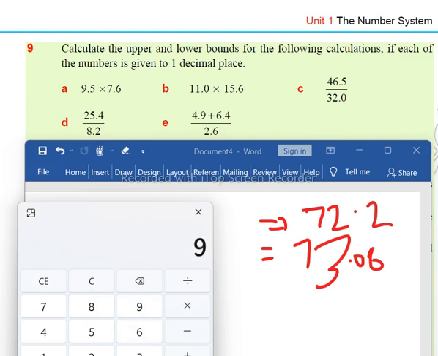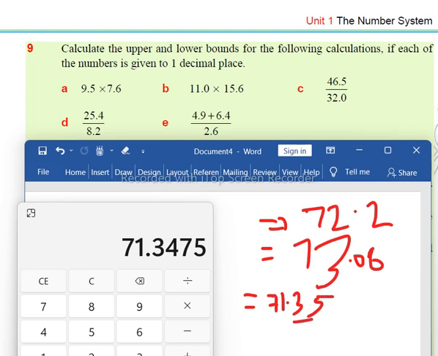The lower bound of 9.5 is 9.45, times the lower bound of 7.6, which is 7.55. So when we multiply with the lower bound, we get 71.35.